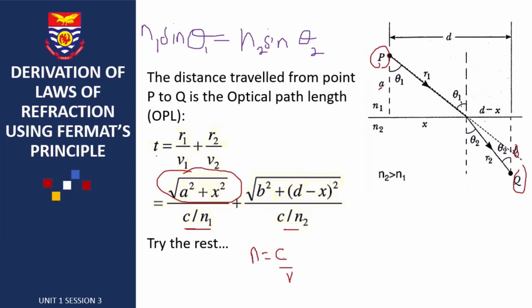That's 3 times 10 to the power 8. So in case we make v here the subject, we are going to get c over n, and that is what we have here. And because it's a different refractive index for medium 1 and medium 2, we have n1 and n2.